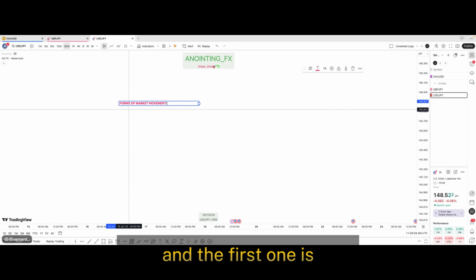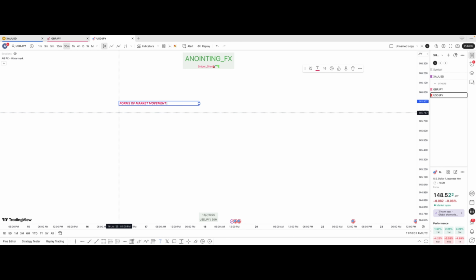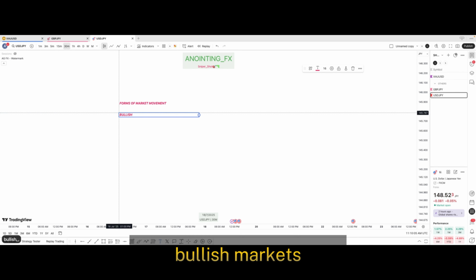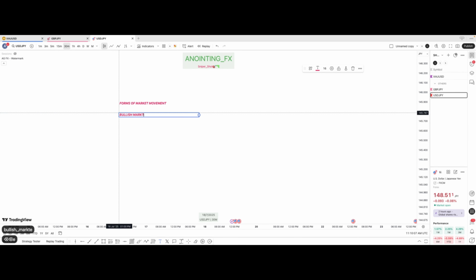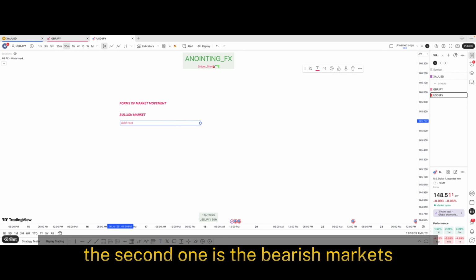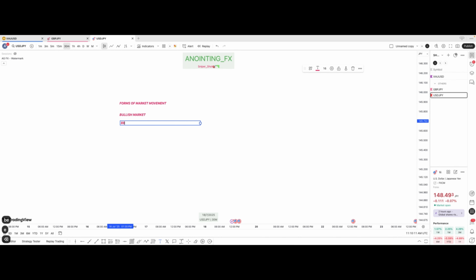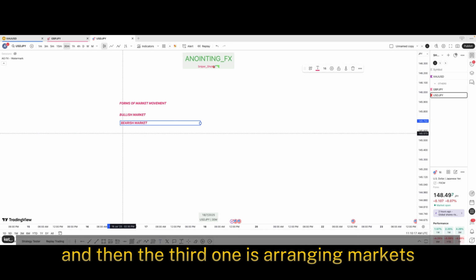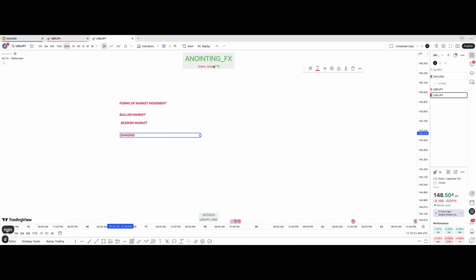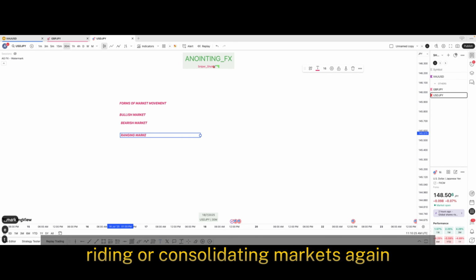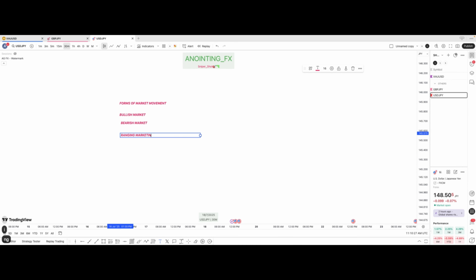The first one is a bullish market. The second one is the bearish market. And then the third one is a ranging or consolidating market.